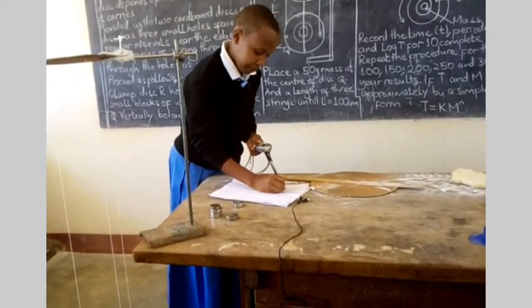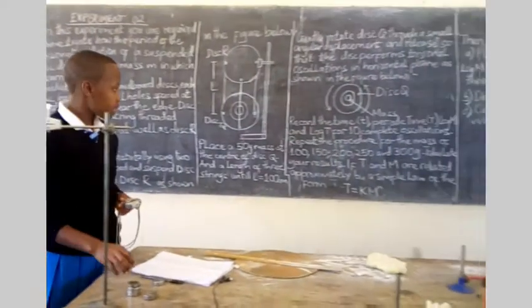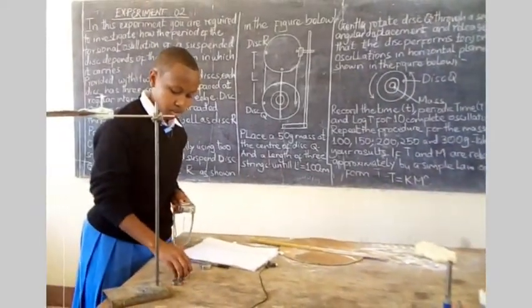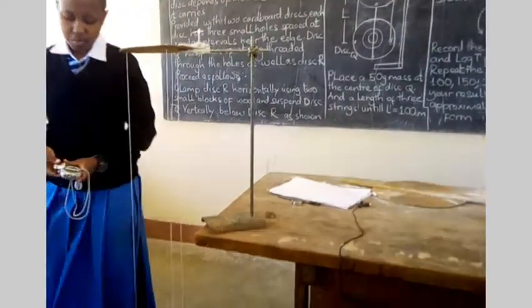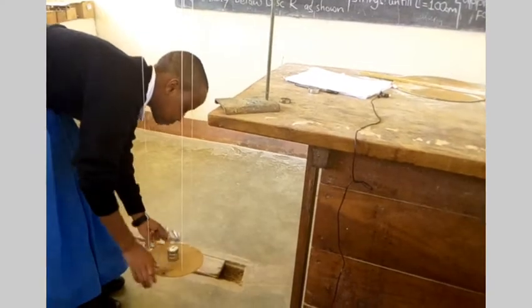We record our time obtained, and then we move on to the next mass. We are told to measure until 300 grams, so it is the last mass to be measured.